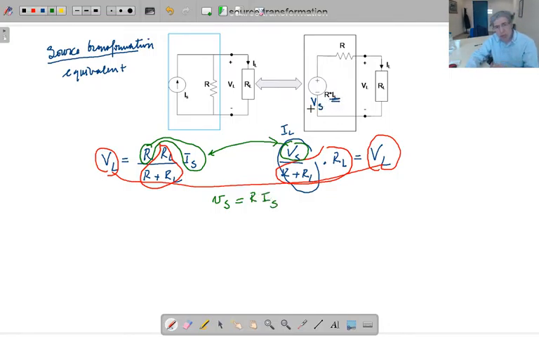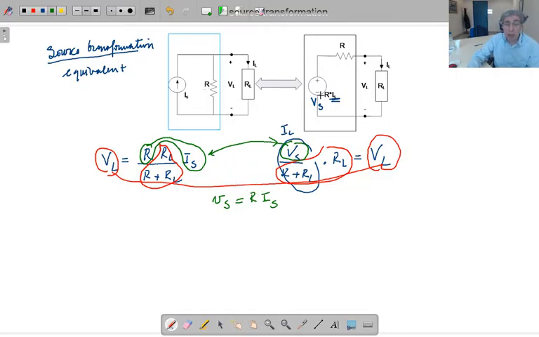Conclusion, how we are going to interpret this conclusion is this. If you've got that blue box circuit, and you replace these elements with those two, that means an independent current source in parallel with resistor R is replaced with an independent voltage source of which voltage is R times IS, the multiplication of those two.